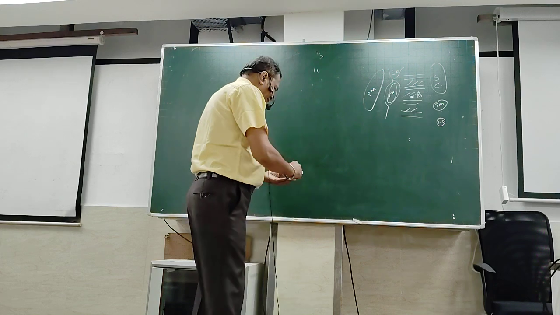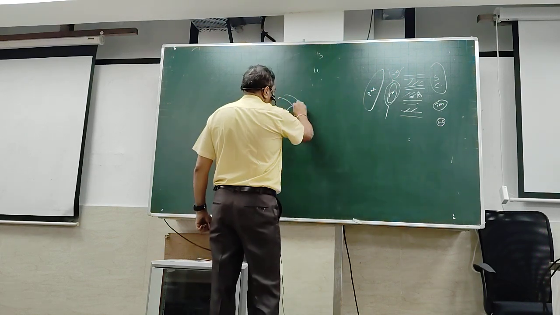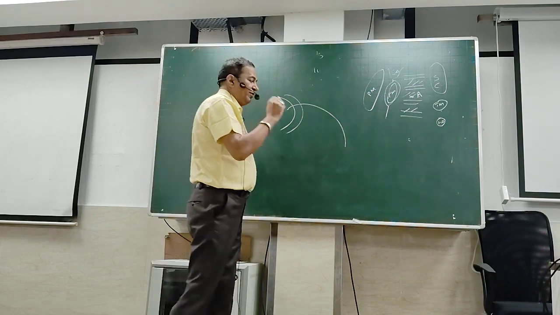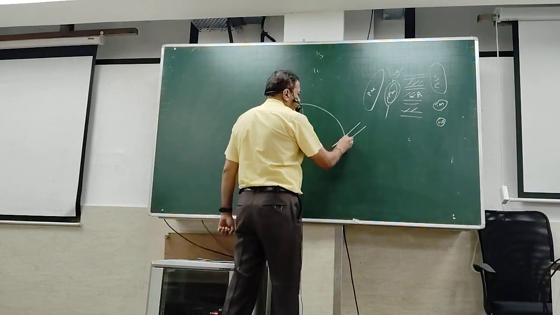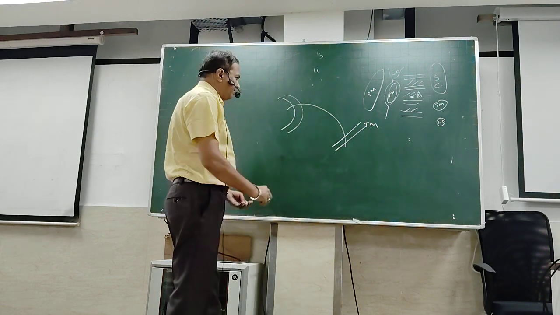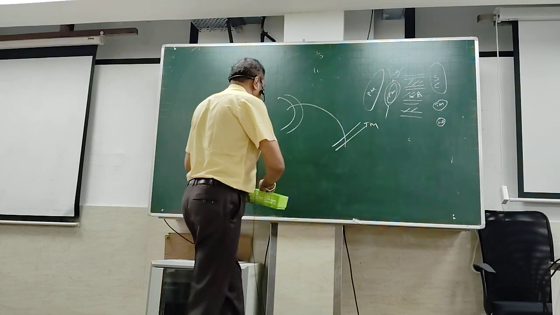And then there was the axillary artery. The axillary artery crosses the outer border of the first rib and becomes continuous with the brachial artery at the lower border of teres major muscle.